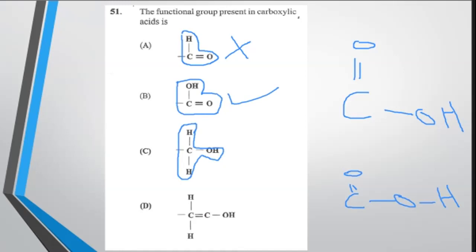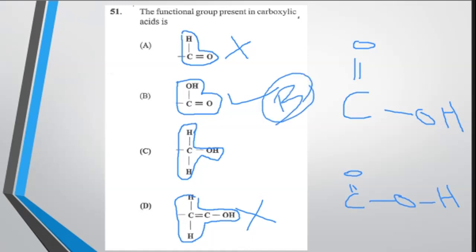And down below here we have a double bond bonded to the OH group. So this is not our carboxylic acid. So the answer for 51 is B as in boy.